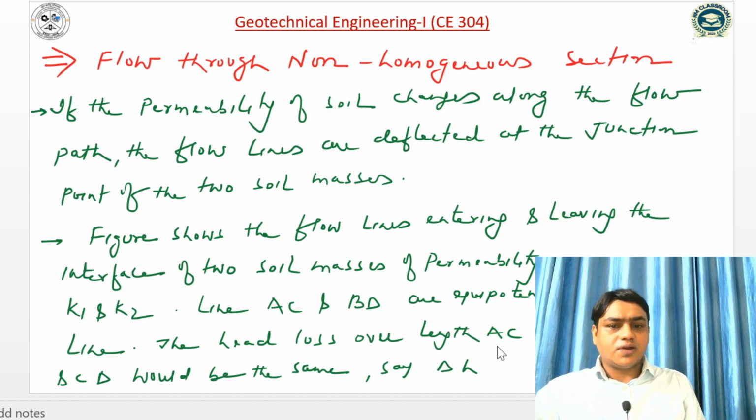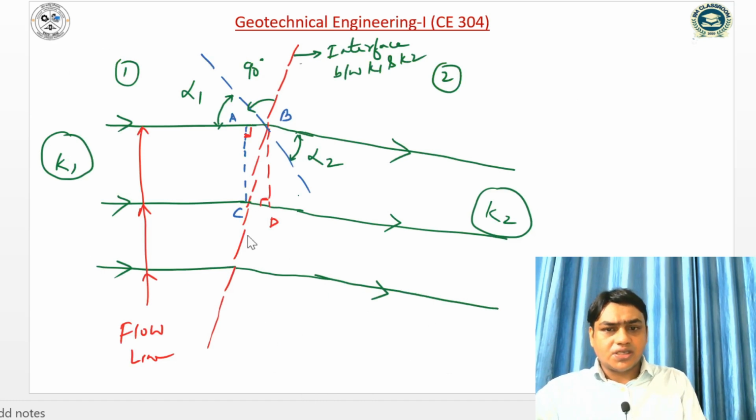The head loss over AC and BD would be the same. If the coefficient of permeability K1 is greater than K2, then alpha 1 is the angle between the normal line and the flow line in layer 1, and alpha 2 in layer 2.